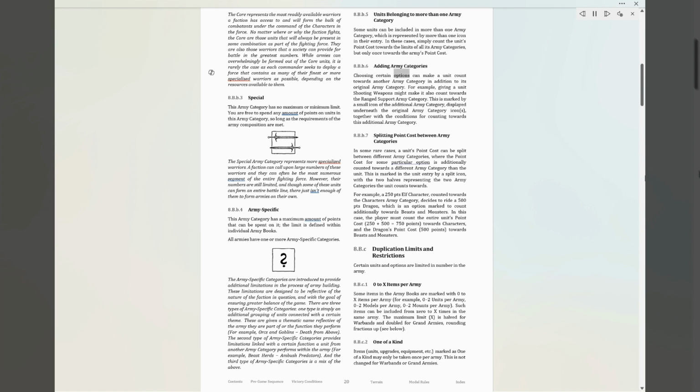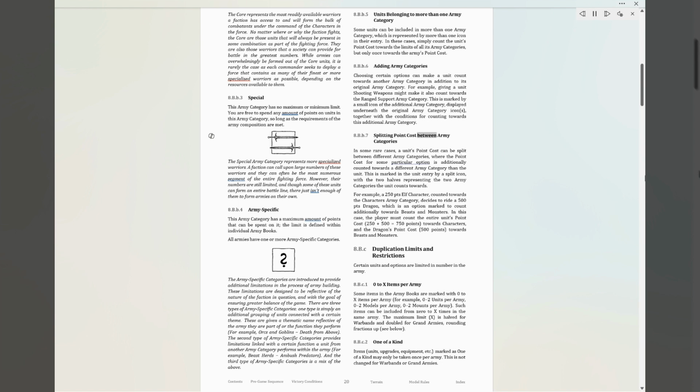Choosing certain options can make a unit count towards another army category in addition to its original army category. For example, giving a unit shooting weapons might make it also count towards the Ranged Support army category. This is marked by a small icon of the additional army category, displayed underneath the original army category icons, together with the conditions for counting towards this additional army category.